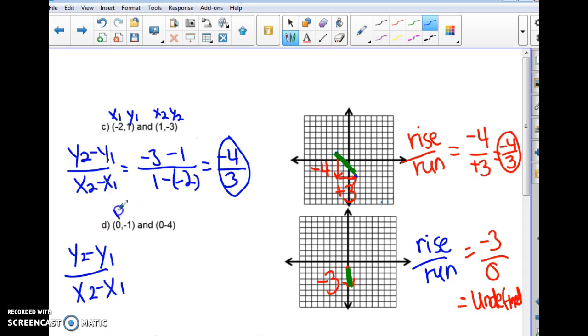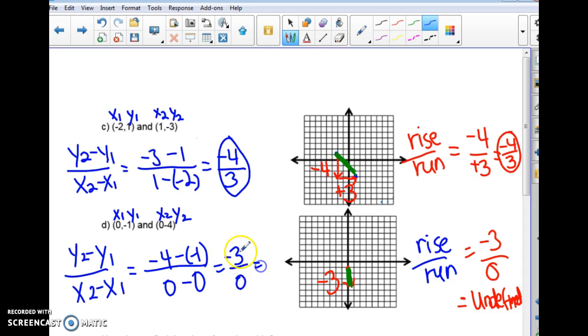So we're going to label them first, x1, y1. x2, y2, trust me, when you label it, you will understand. It's so much easier. So y2, which is negative 4, take away negative 1. 0, take away 0. Negative 3 over 0. Again, we cannot divide anything by 0, so it's going to be impossible. We call that undefined.